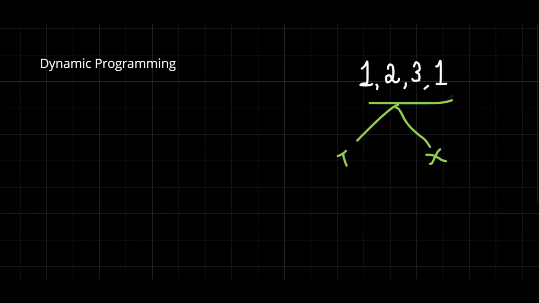Now let's explore the sub-problem of this problem. At first, we are at the first element, which is 1. For the element 1, we have 2 choices. Either I can take it or I cannot take it. If I take it, the temporary array will contain only the value 1. And as I take 1, we cannot take 2.